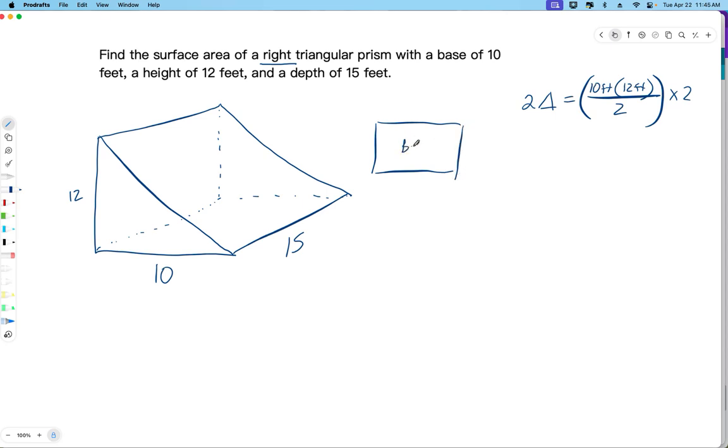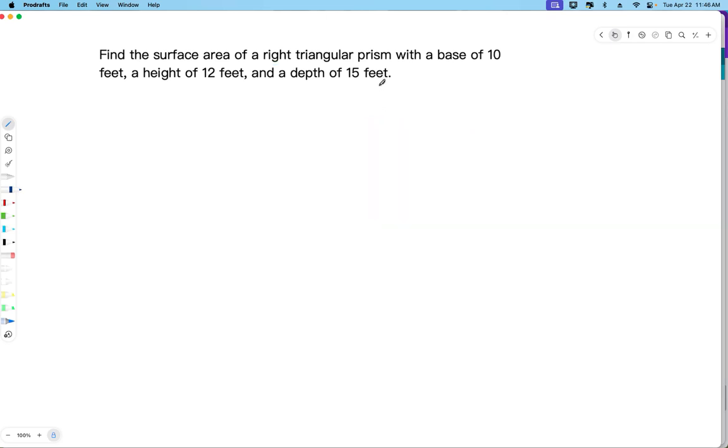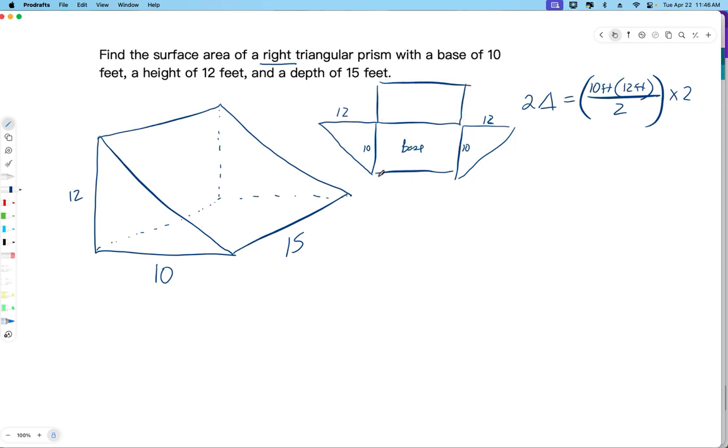Here's our base, and we have a triangle like that. That is 12, and then this is 10, this is 10, and this is 12, right? What that means is that this hypotenuse is a lot easier to find. So that we do this, and then we have the other side here. So this width is 15, 15, 15. So those are all of our surfaces.